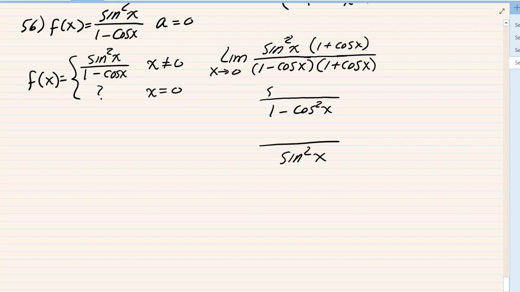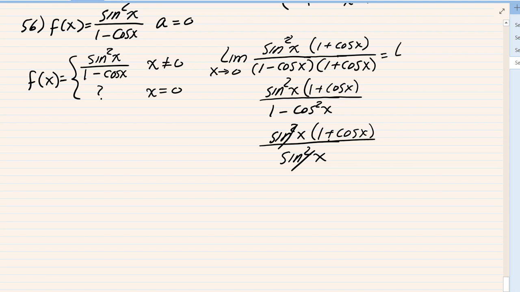And note there's a sine squared x in the numerator and 1 plus cosine x. Now for this one, it turns out I don't even need to use those theorems, sine x over x and 1 minus cosine x over x, because these cross out and all I have is 1 plus cos x, right?